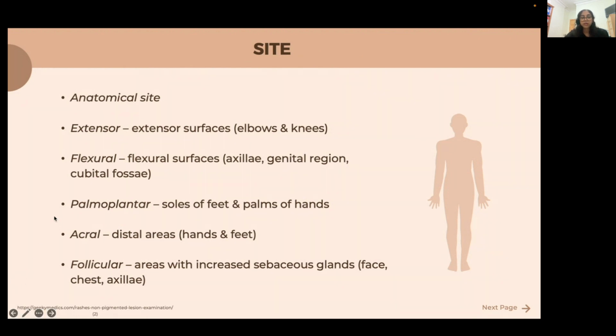Palmoplantar, so this is a term used to describe palm, palmo, and plantar, the soles of the feet. Acral, so this is the distal areas, the hands and the feet, so not necessarily just the soles, but the hands and feet in general. And then follicular, so similar to seborrheic, but in areas with increased sebaceous glands, so on the face, on the chest, on the axillae.